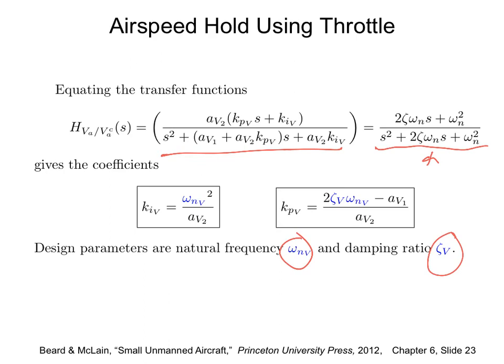We will choose zeta V as 0.707 and omega n V depending on how fast you want this. So these are two design or tuning parameters that you have. In simulation, you will have to choose omega n V that gives a good response. That's the idea.